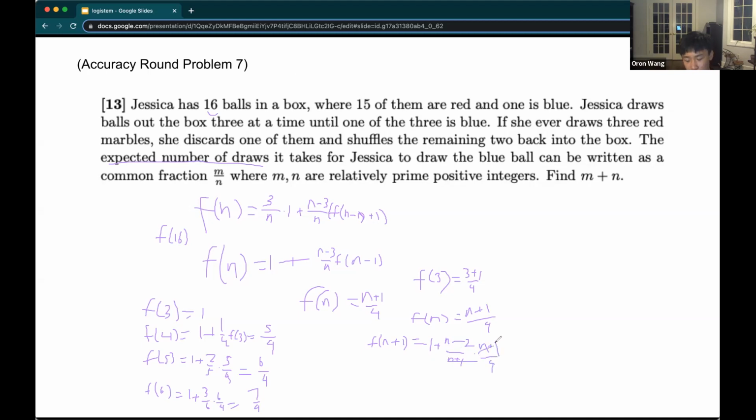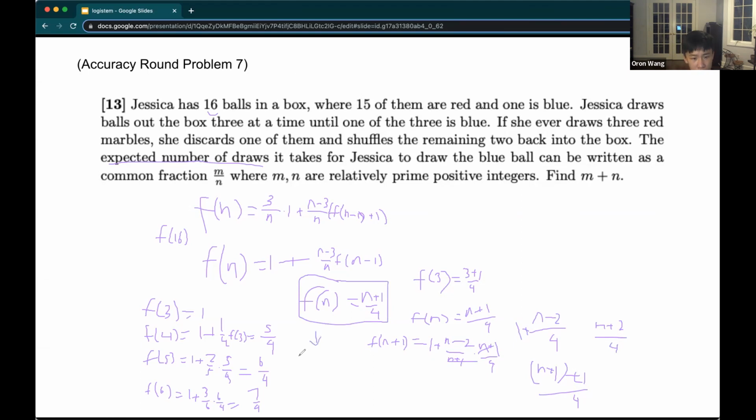And these two cancel. So we are left with f of n plus 1 equals 1 plus n minus 2 over 4. Simplifies to n plus 2 over 4, or n plus 1 plus 1 over 4. So our induction is done and this is proved.